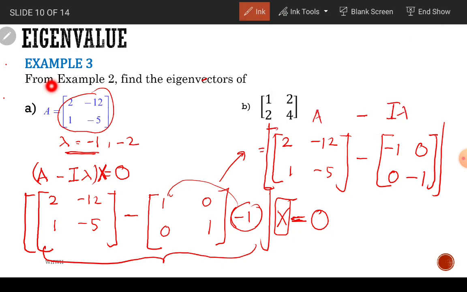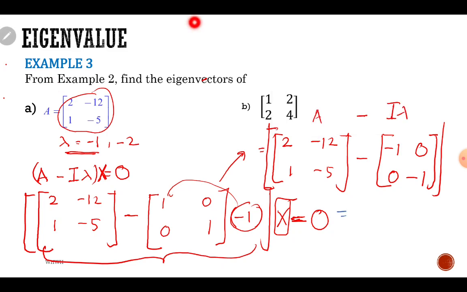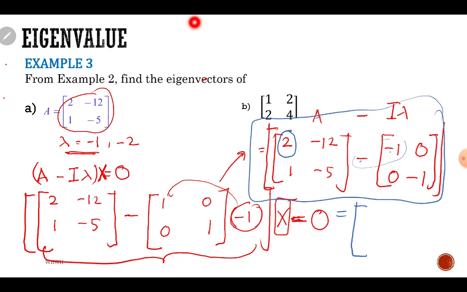So, sekarang ni, this one dia akan jadi 2 tolak 1 dapat apa? Solve kan. This matrix ni apa yang kita dah pernah belajar dulu dalam Engineering Maths 1. So 2 minus 1 is 3, and negative 12 minus 0 is negative 12, and then 1 minus 0 is 1, negative 5 minus 1 is tambah 1, so negative 5 tambah 1 is negative 4.